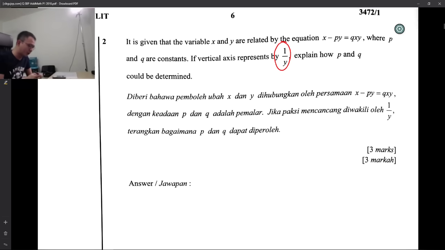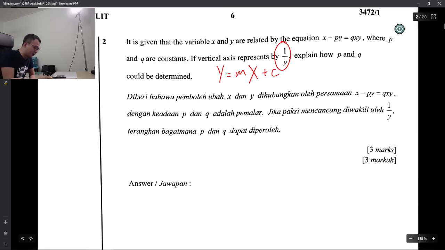So what I will do is make 1 over y the subject here, because you know about linear law. For linear law, we have y equals mx plus c, and because of linear law, your y and x can be anything, right? In this case, the question tells you your y is 1 over y.